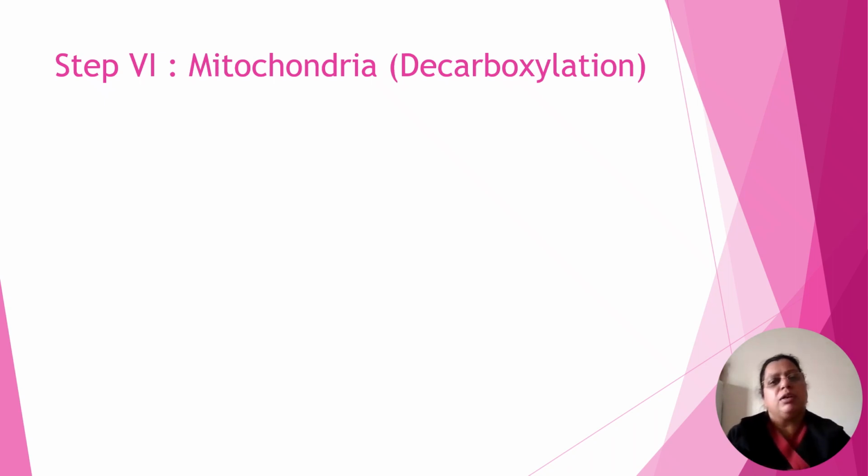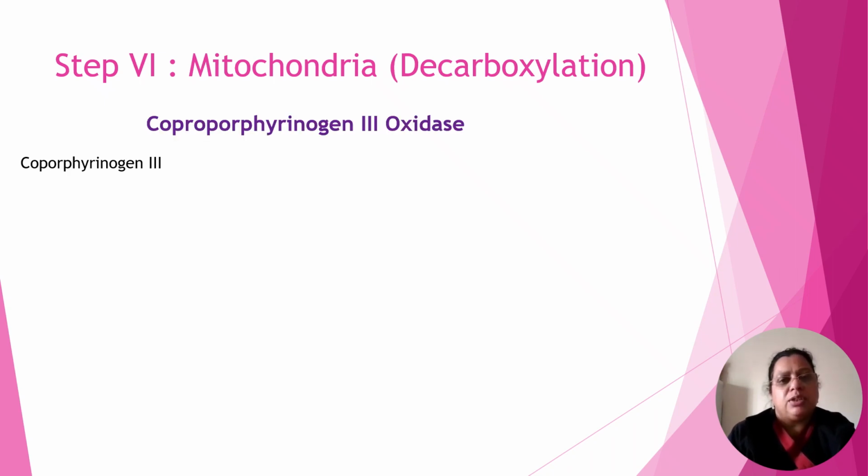In the first decarboxylation, we removed 4 molecules of carbon dioxide, whereas in the second decarboxylation, we are going to remove another 2 molecules of carbon dioxide. So, coproporphyrinogen 3 comes back into the mitochondria and it is acted upon by the enzyme coproporphyrinogen 3 oxidase. Remember the structure?